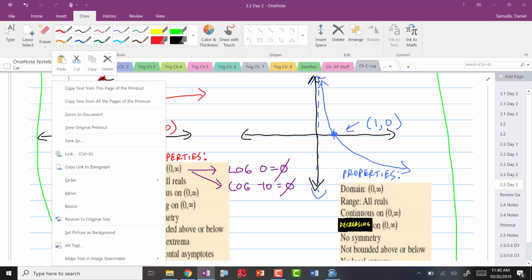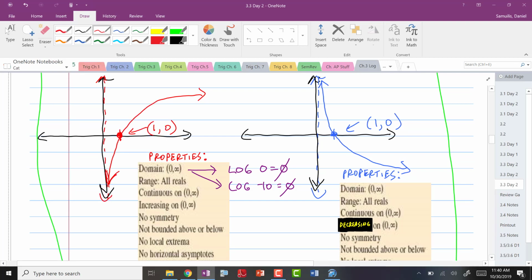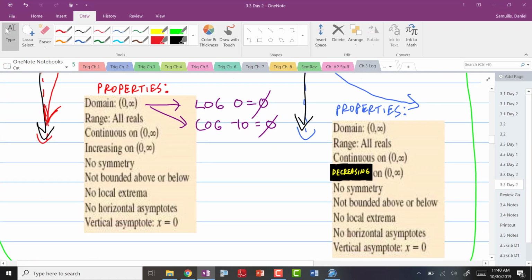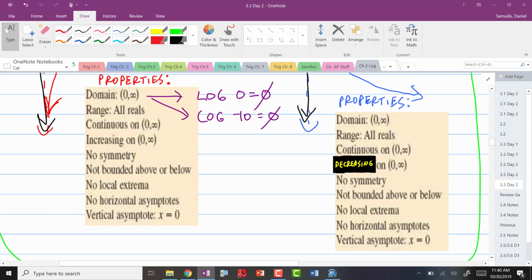It's not evaluatable, if that's a word. So that is why the domain for both of these, red and blue, is 0 to infinity, not even including 0, because you press log of 0 and you get undefined. 10 to what power equals 0? Not going to happen. Okay, anyway, you can look at all the rest, and it's pretty easy.